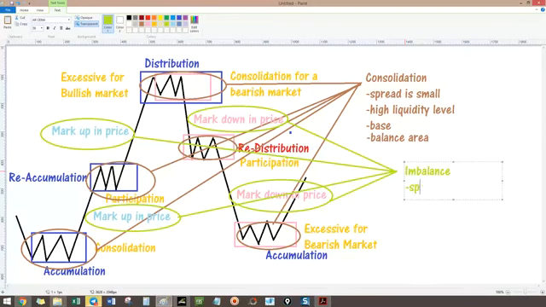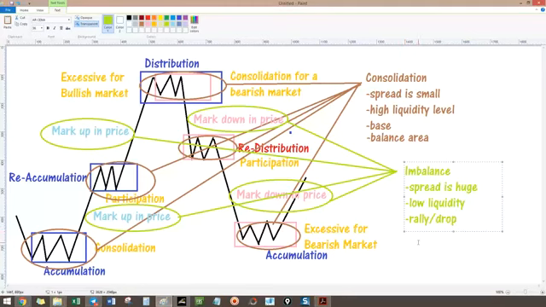So over here the spread is huge, low liquidity, it is unbalanced, imbalance. Okay, I already said that, right? It's a rally or a drop.